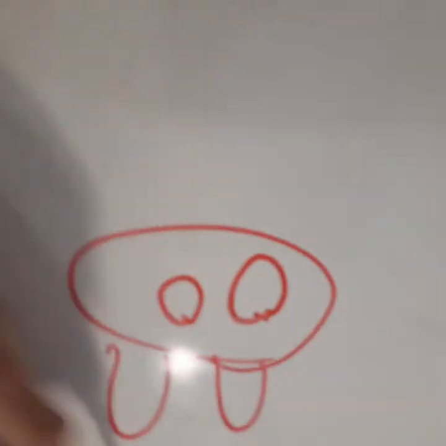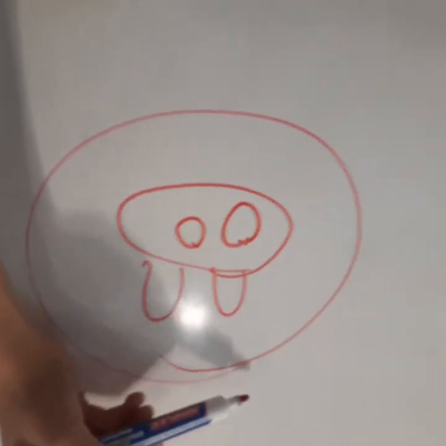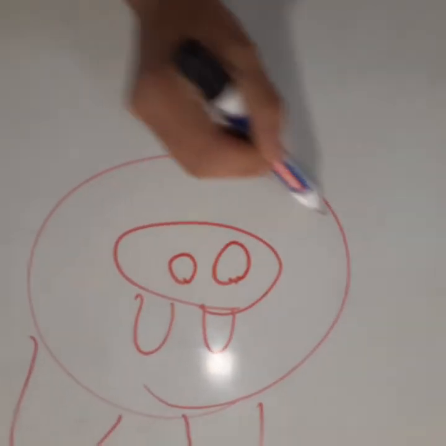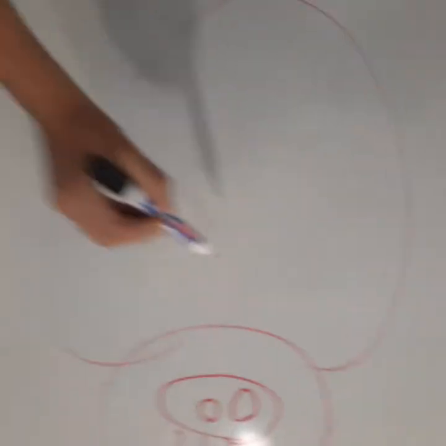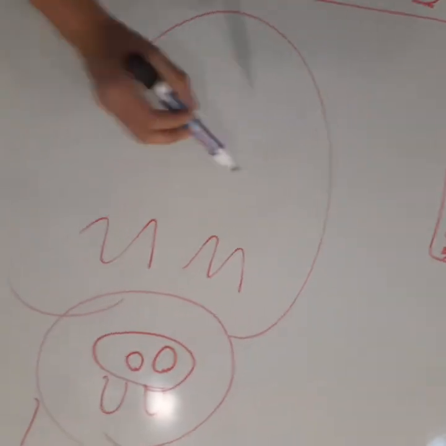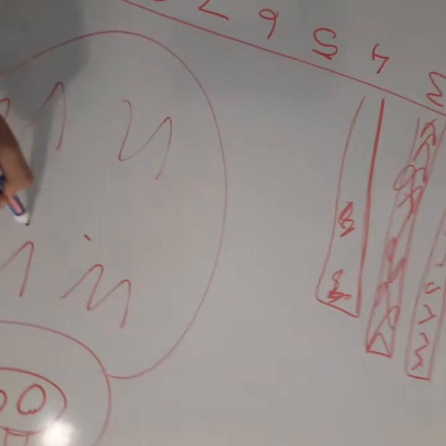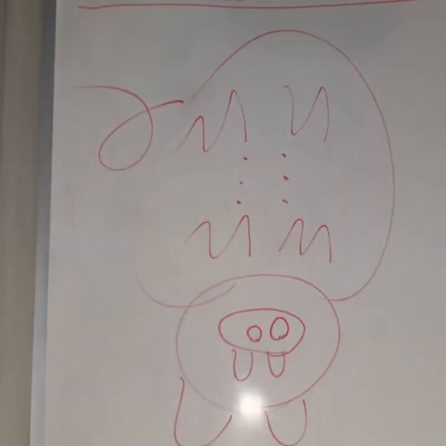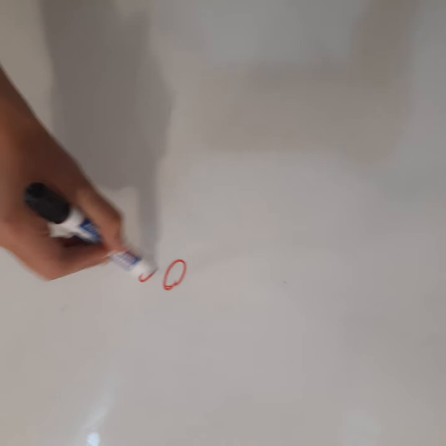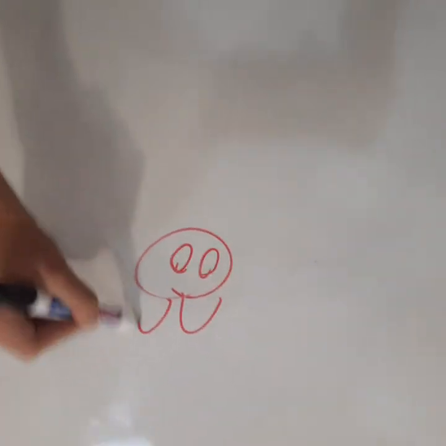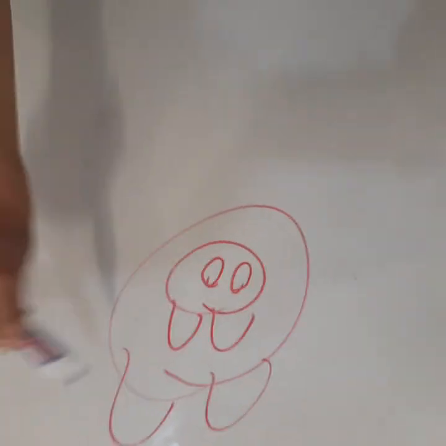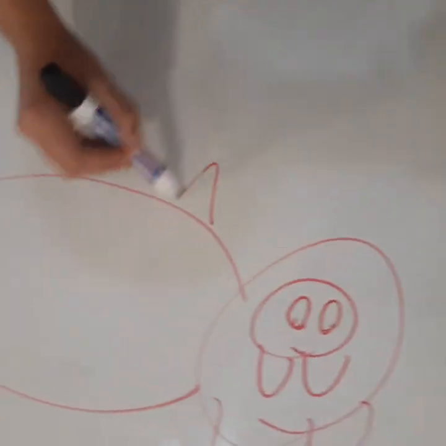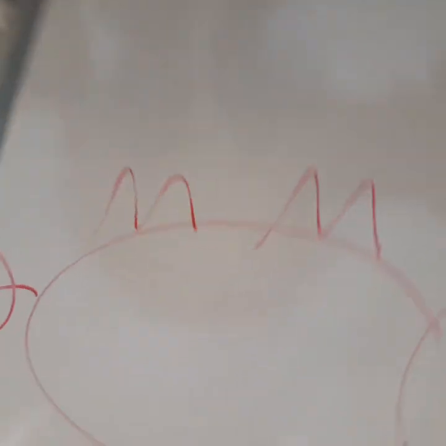W, W, W, W. Nipple, nipple, nipple, nipple, nipple, nipple. And this is another version of how to draw a pig. One circle, one big circle. W, W, E.